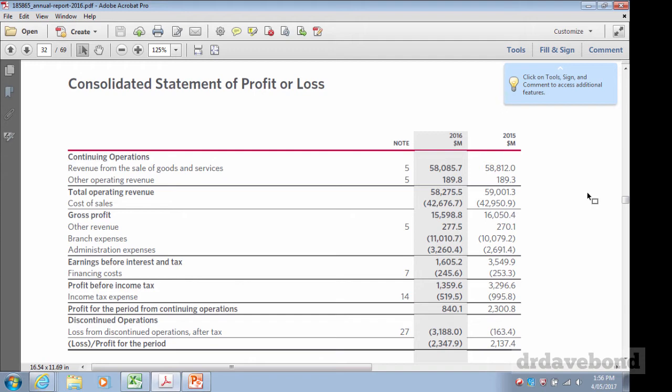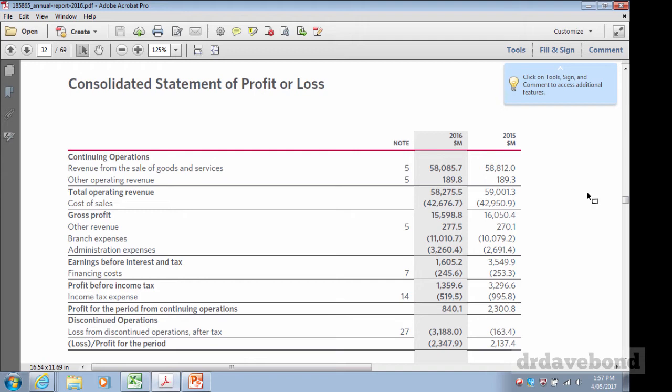Financing costs, which we can just consider as interest. Profit before income tax, or profit before tax. Income tax expense. And then profit for the period from continuing operations, 840. So we're ending at that point.